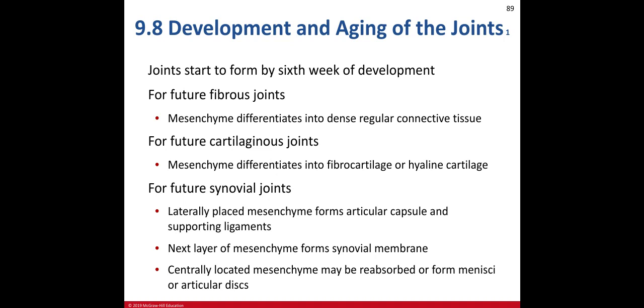If it's a synovial joint, laterally placed mesenchyme makes the articular capsule. The next layer of mesenchyme makes the synovial membrane. And if it's centrally located, then it's going to be reabsorbed and make any meniscus or articular discs.